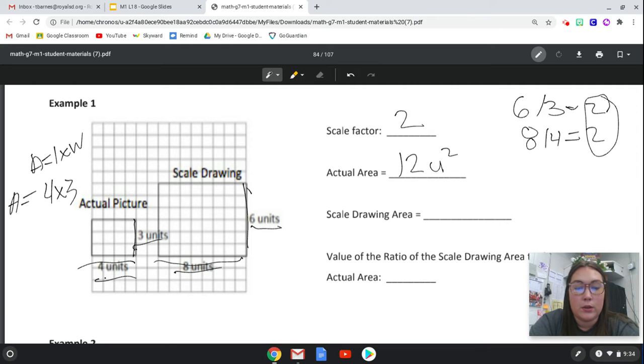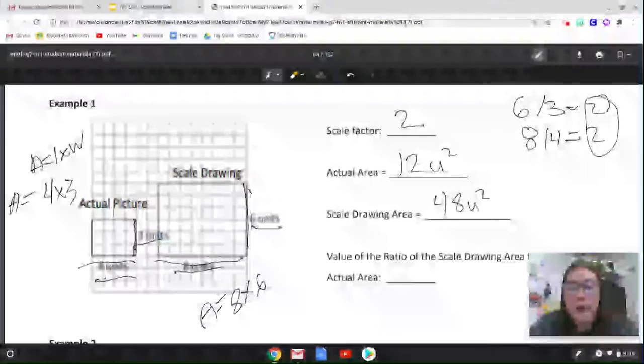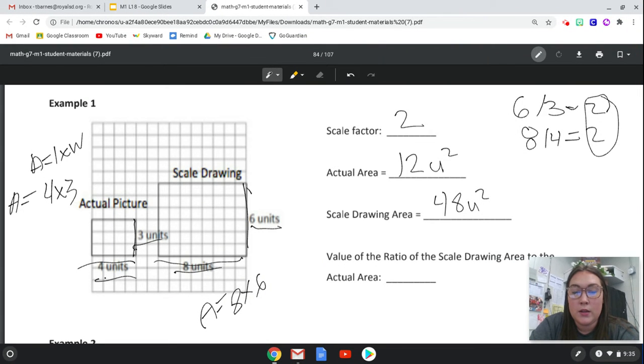My scale drawing area is going to be 8 times 6, which is 48 units squared. And now I'm going to look at the ratio of my scale drawing area to my actual area. So I'm going to divide 48 units squared over 12 units squared.